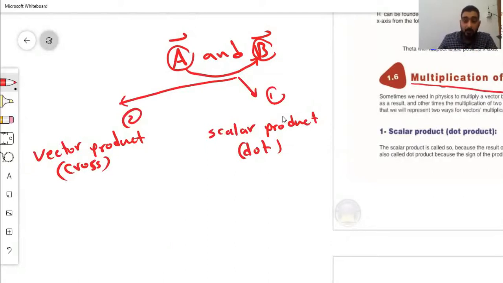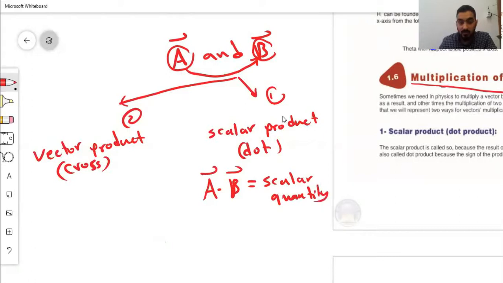The reason we call the first way scalar product is that when we multiply vector A dot vector B, the resultant is a scalar quantity, like work, mass, or energy.